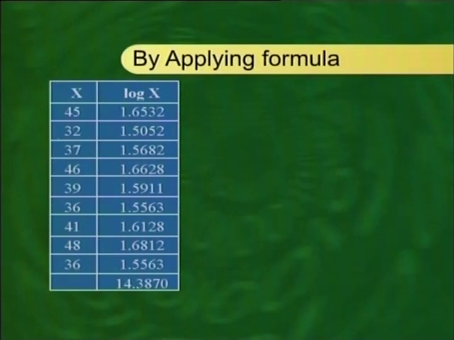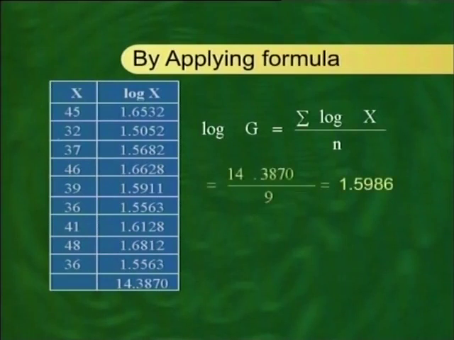Adding this column of log x, the sum is 14.3870. Dividing that by the total number of observations, that is 9, log of g comes out to be 1.5986.